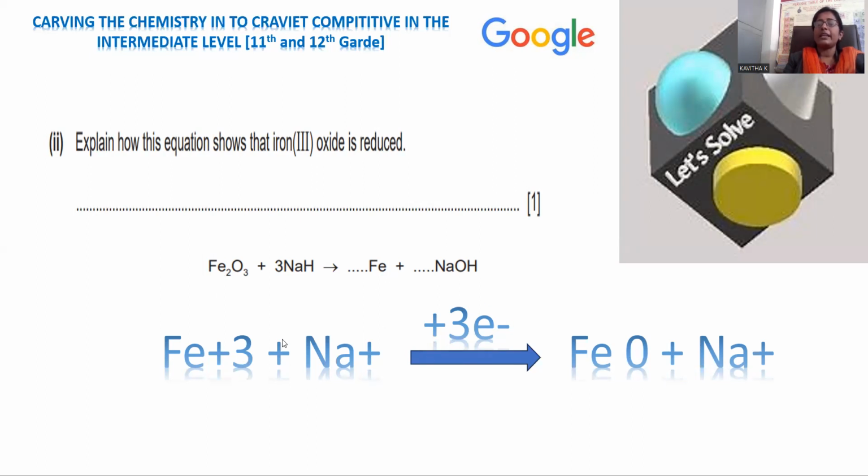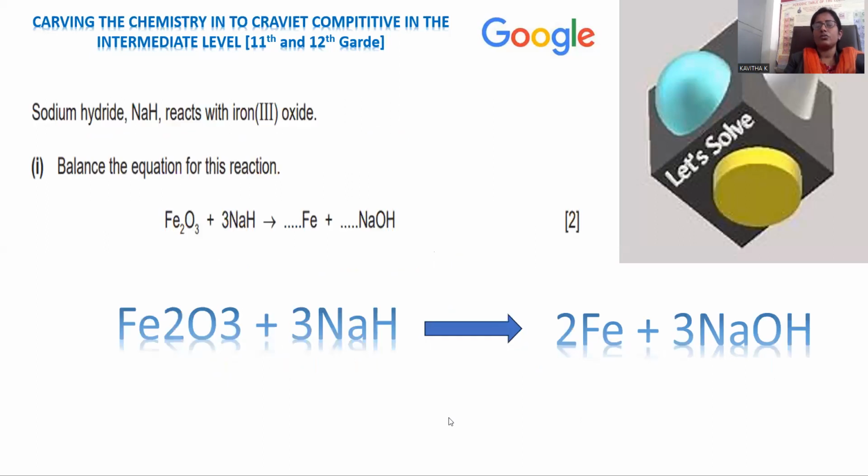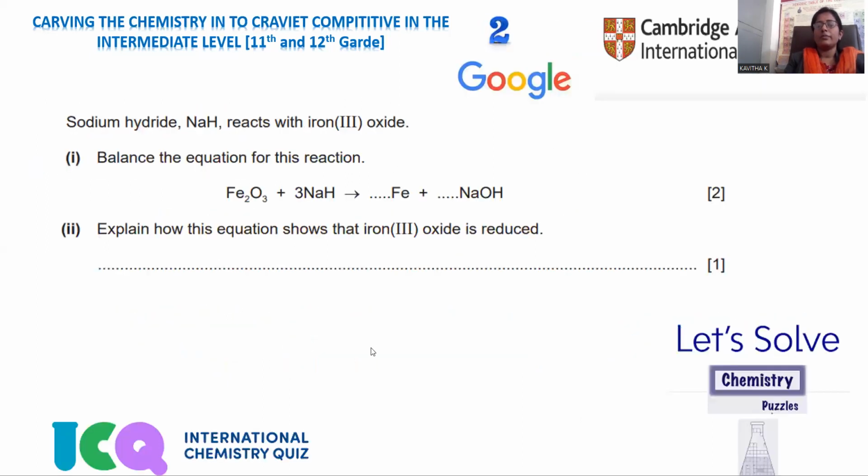Plus 3, by gaining electrons, converted into iron 0. So always gain of electrons is nothing but a reduction process. This is the way you can also explain iron plus 3 oxide got reduced. In both ways, loss of oxygen is called reduction, and gain of electrons is also called reduction. So this is the way the answer to question 2 can be given.